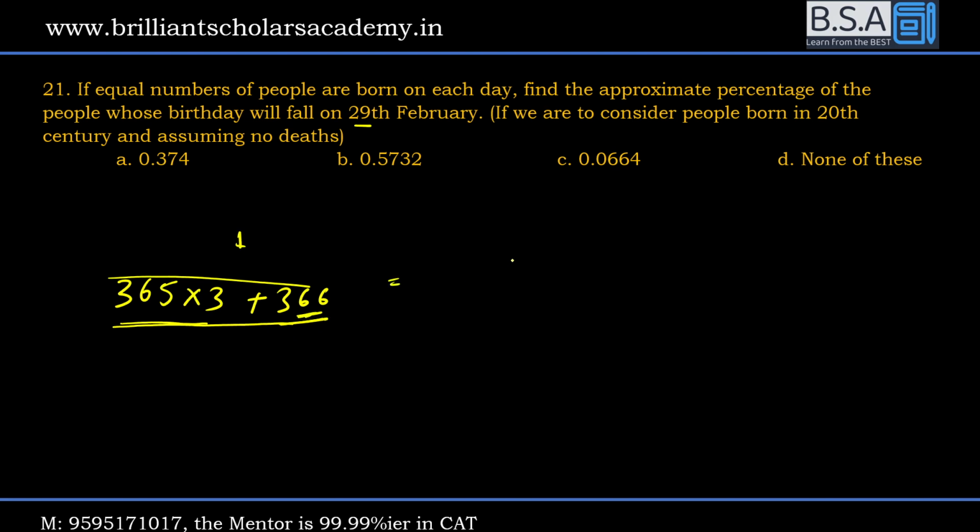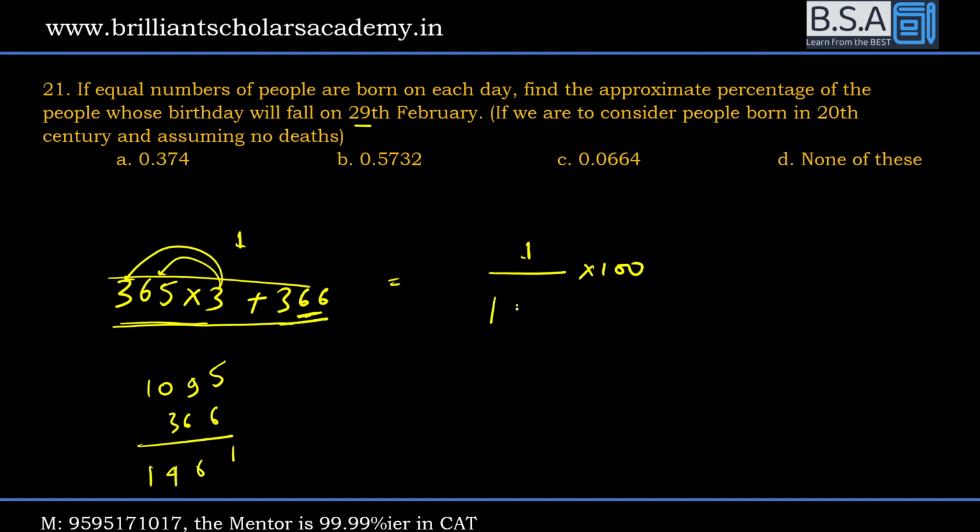So your answer would look like 1 upon the addition of these, multiplied by 100. That is your answer. Use a calculator. Without that, it is not possible. Your answer is 1 upon 1461 into 100.